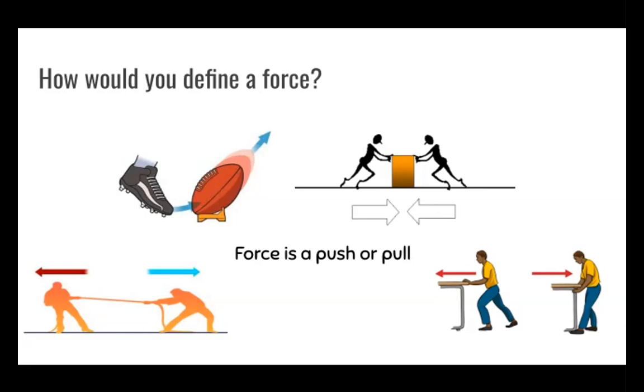I can try to pull him out of bed, but it's a lot harder. He resists that change a lot more. He has a lot more inertia. I would need to apply a lot more force to pull that guy out of bed than my little 5-year-old. Okay? Questions for me? All right.